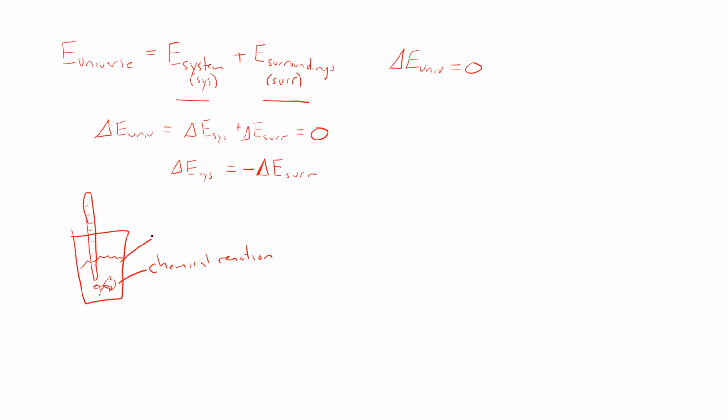Right, and then we've got our water. Well, we can think about the calorimeter as kind of the equivalent to this little universe. It's kind of a universe in that it's insulated from its surroundings.